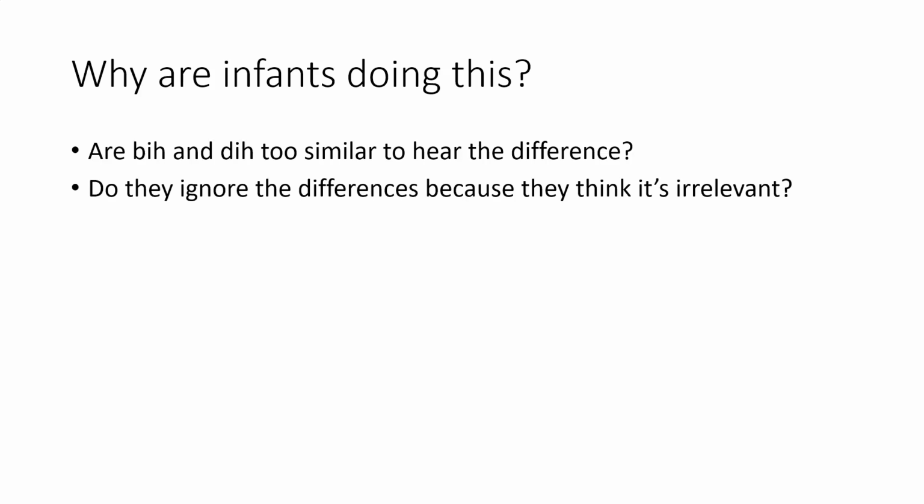So we wonder instead, are they ignoring the differences between those two words because they think it's irrelevant? And indeed, there's some evidence to suggest that this might be the case. Like, if babies have a very small vocabulary, as you read in your text, like just maybe a dozen words, baby, hat, yummy, spoon, mommy, shoe, milk, bottle, daddy, diaper, juice, blanket, if those are the only words they know, then learning a new word like bi, it's irrelevant.